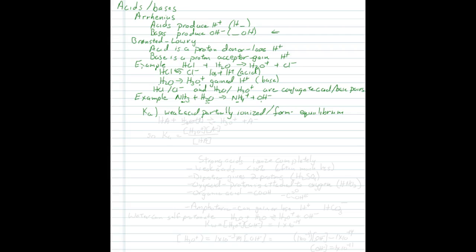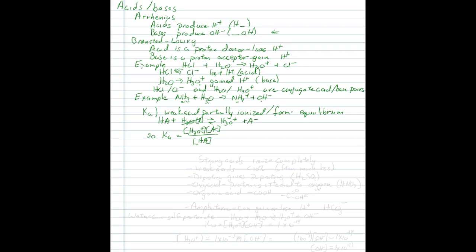So if you have a generic acid, HA, plus, say, water, and water is a liquid, to form hydronium ions plus some anion. Products over reactants, ignore the water because it's a liquid. So the Ka is the concentration of the hydronium ion times the concentration of the anion over the concentration of the acid.